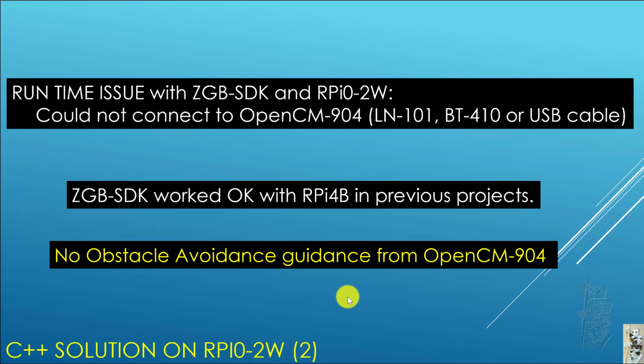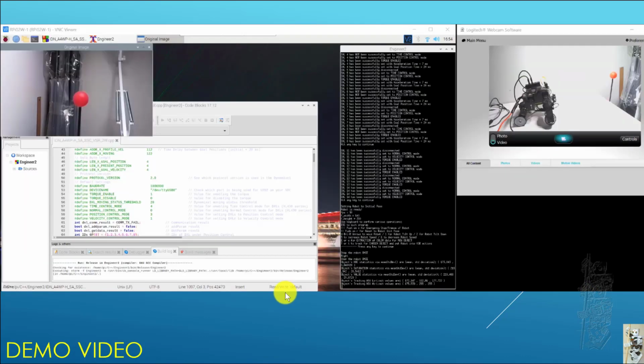This could be interesting because some people have already voiced their preference to me: why do you care about any controller from Robotics? When you have the Pi, you just control directly. So you got your wish here. It turned out to be that way. Okay, so this is a demo video, a short video.